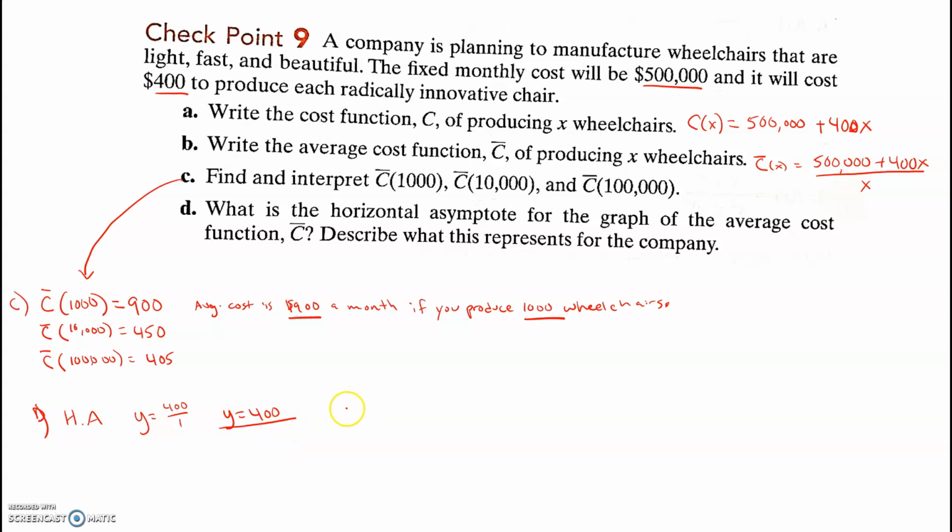So the cost per month should approach $400 as you produce more wheelchairs.